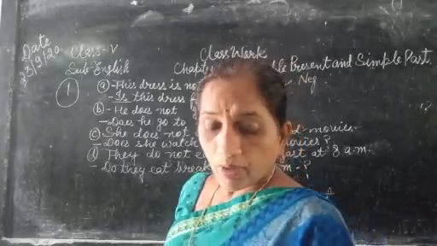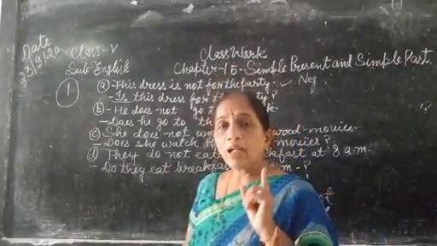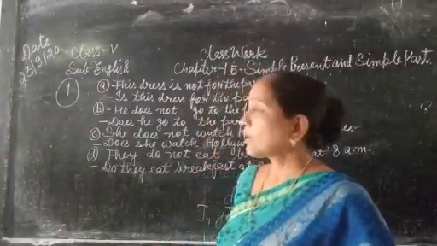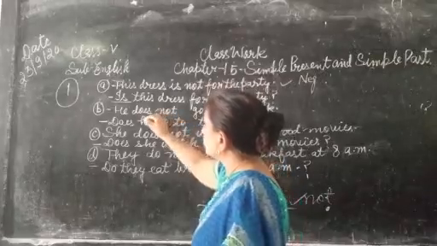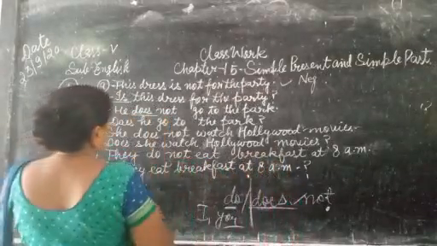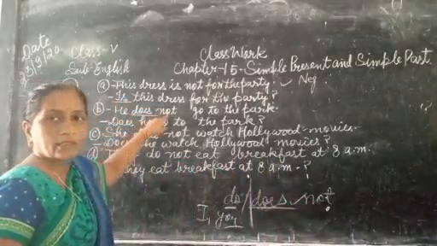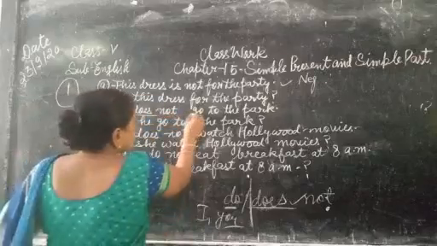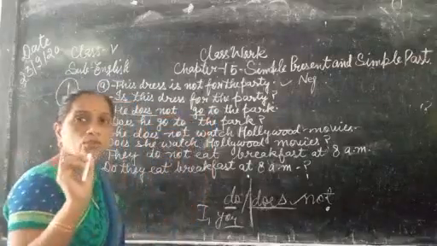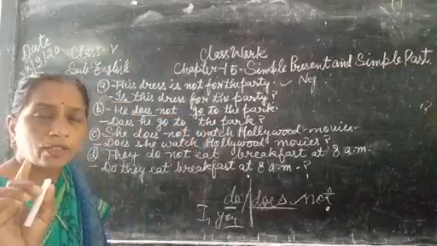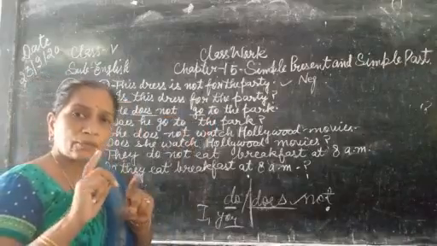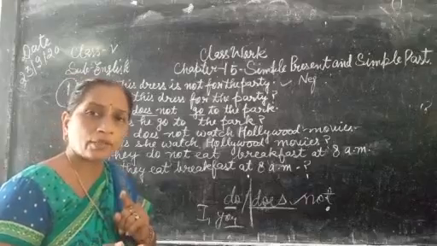So while we are making its negative, we are going to use this helping verb does and add not, and we have used the root form of the verb go. Okay? From goes, we have to remove the es.